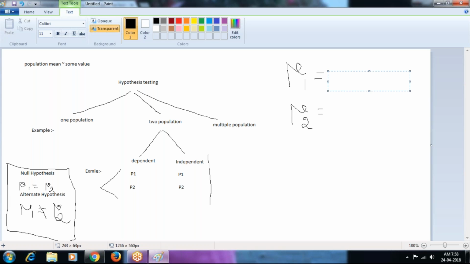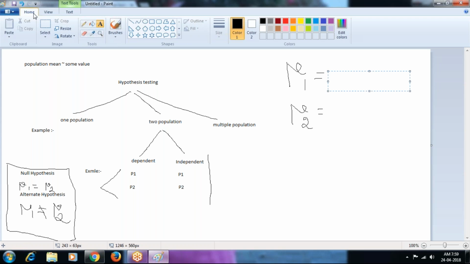So how can we say mu1 and mu2 come from the population? I will always be trying to get some samples, isn't it?